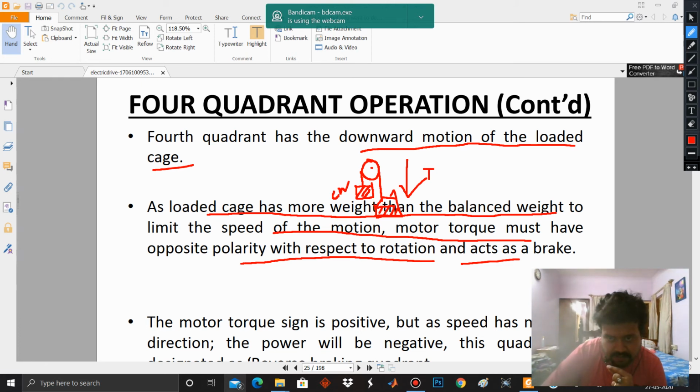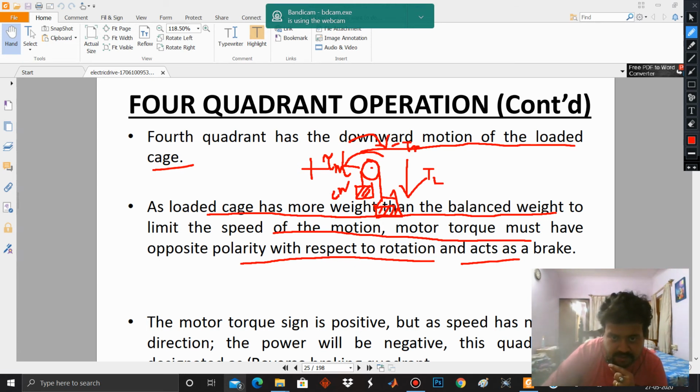So tau L will be in the downward direction. So what will be the direction of the motor torque? The direction of the motor torque will have to reverse. So the motor torque will become positive now. Initially it was in the anti-clockwise direction and it was negative. Now it has become positive.